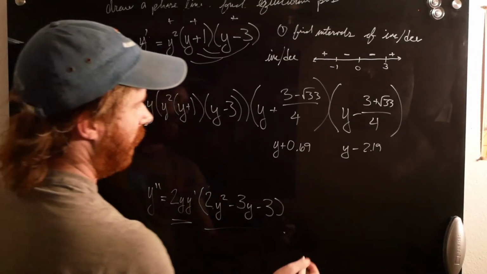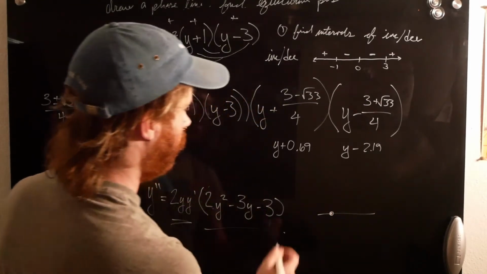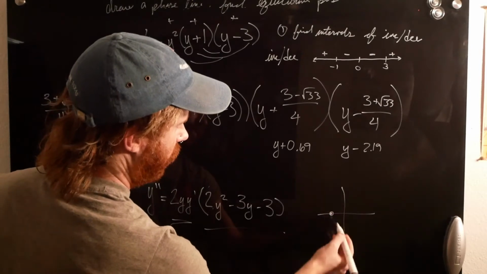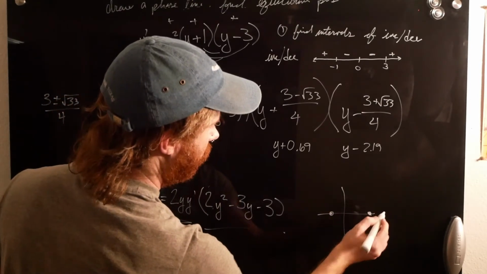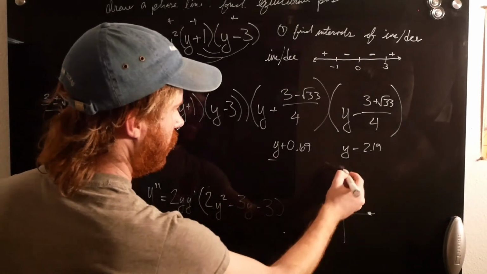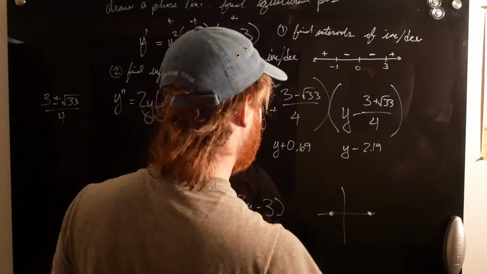And I know this because if this is the graph, the 0 is going to be at negative 0.69 and then positive 2.19. That's why. Negative 0.69, positive 2.19 when you plug them in. And that will give you the 0.